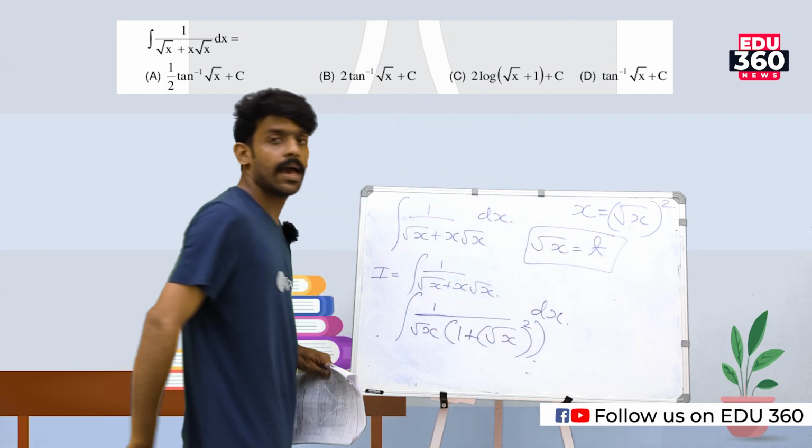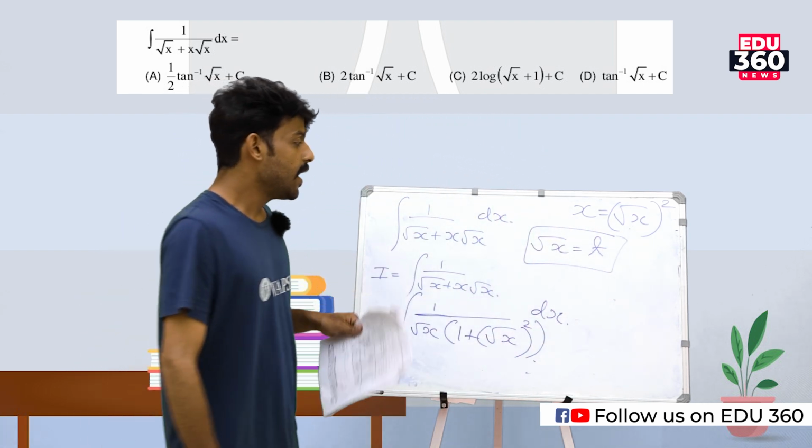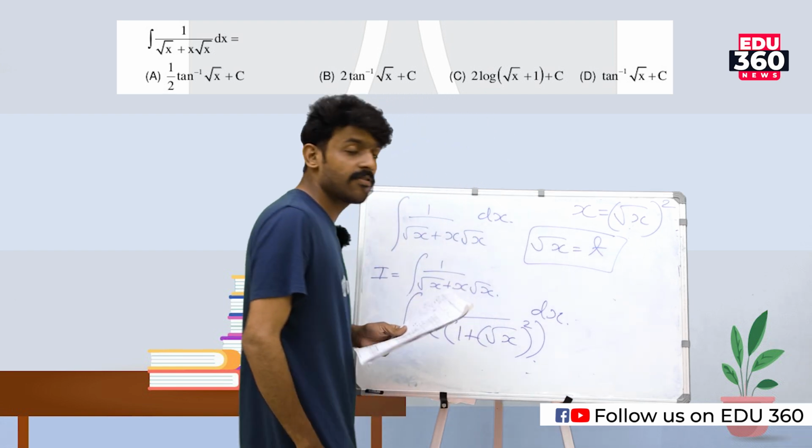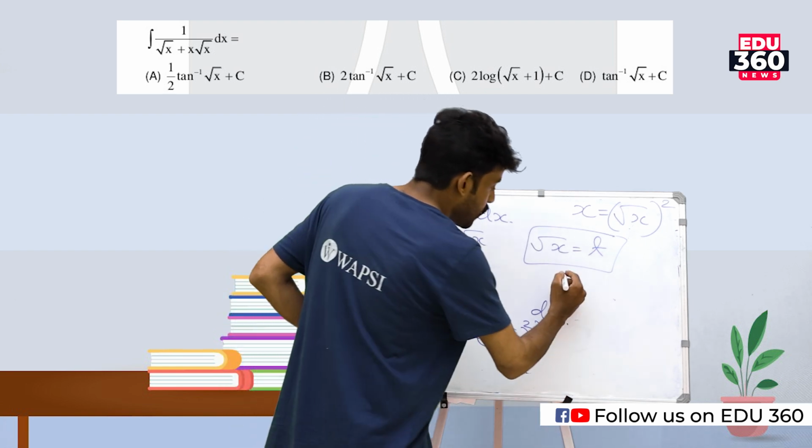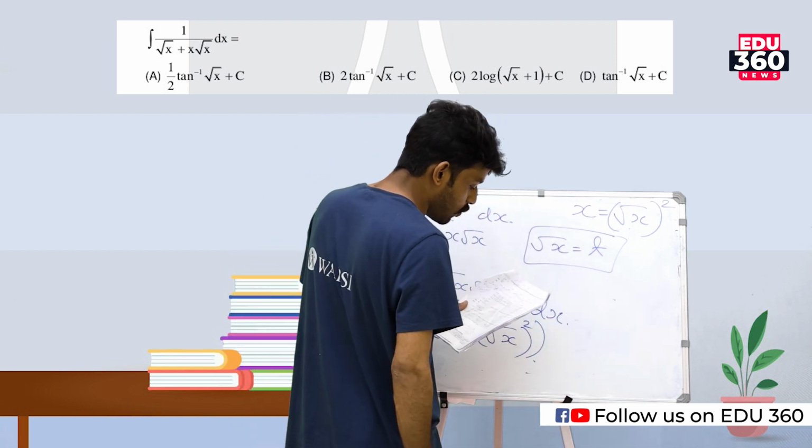Hereafter I am going to substitute root x equal to t, and the derivative is, we know that d by dx of root x is 1 by 2 root x.